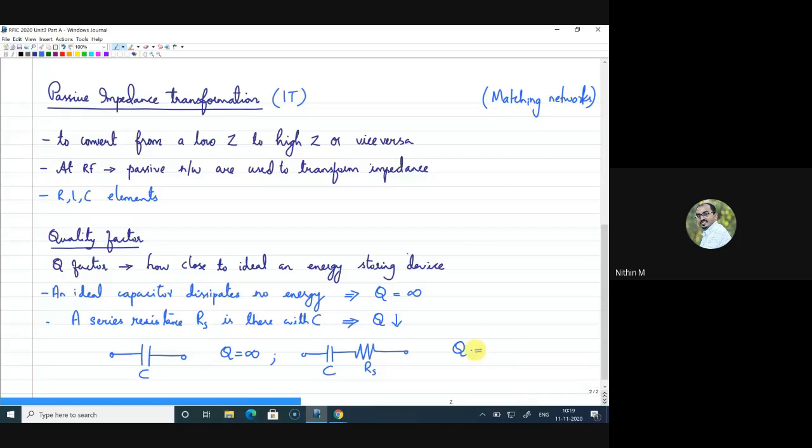So we write this Q factor as the desired component reactance, that is nothing but 1 by omega C, the reactance of the energy storing device, to the value of the dissipating component.